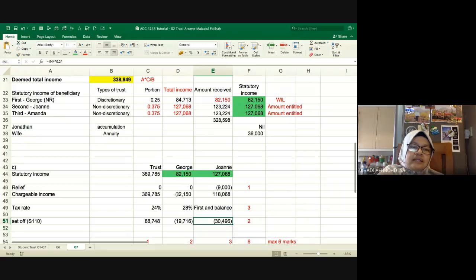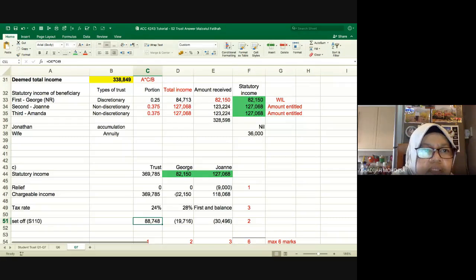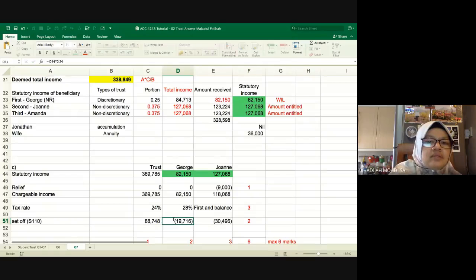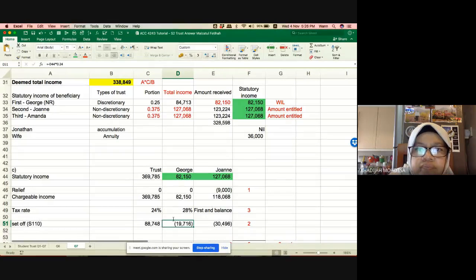Okay, the set off, why is there a set off? 47 times 49. Oh, he used the tax rate. This is the total credit that should be given to the beneficiary. But remember I mentioned that your tax credit given is based on your statutory income. So in this case it is 82,150.